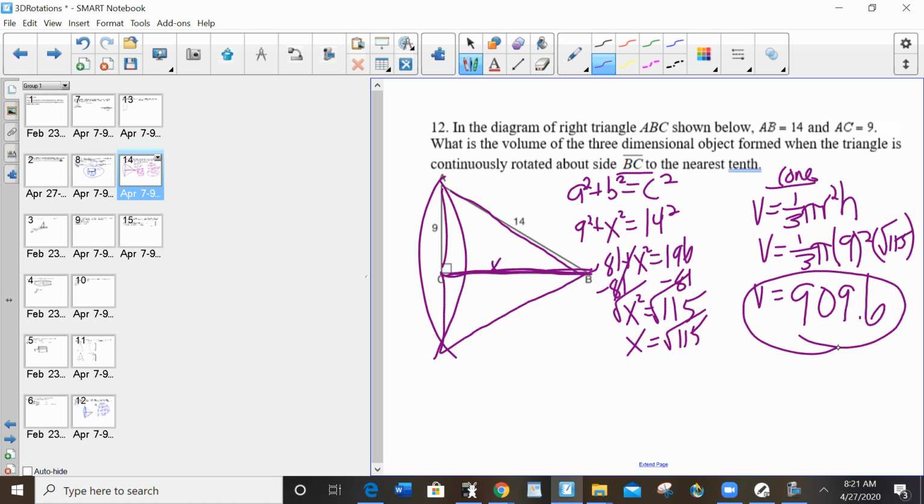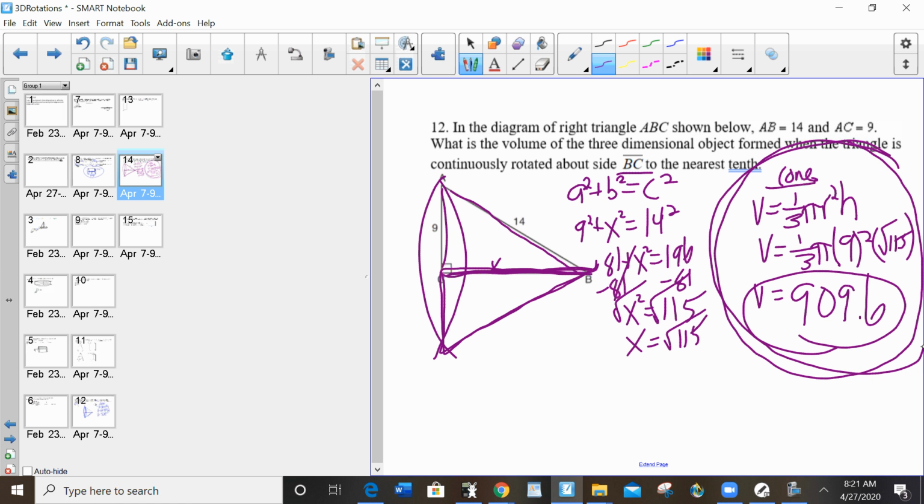So again, for this one, I first had to start by doing the 3D rotation by reflecting in 2 dimensions and connecting with curves. Once I had the cone, I know my cone formula is right here. I had to use Pythagorean theorem to come up with the height of that cone, and then from there I substituted in.